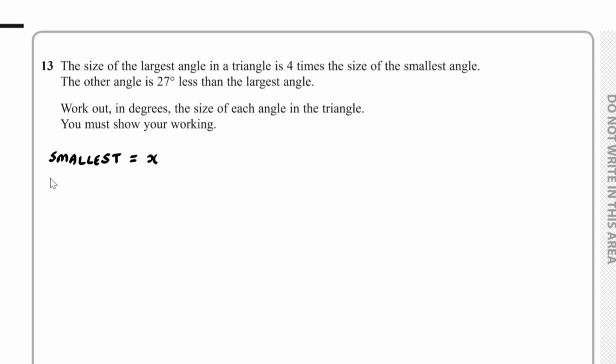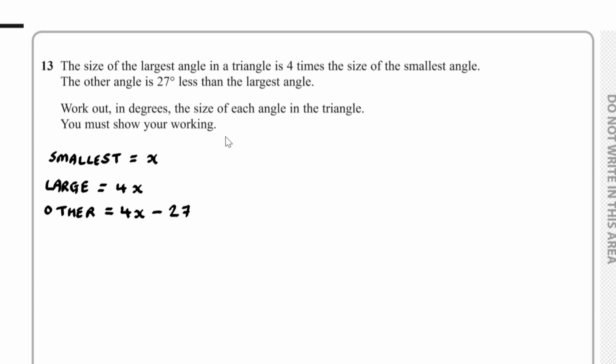We don't know what it is. We know that the largest angle is 4 times the smallest, that's 4x. And the other angle is 27 less than the largest, so we've got the largest 4x, subtract 27.